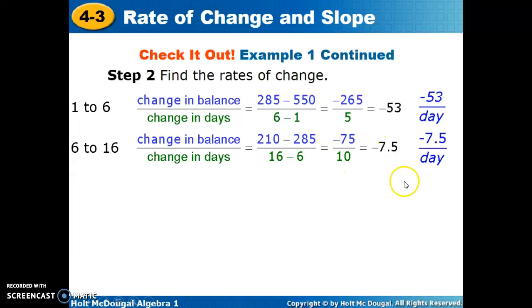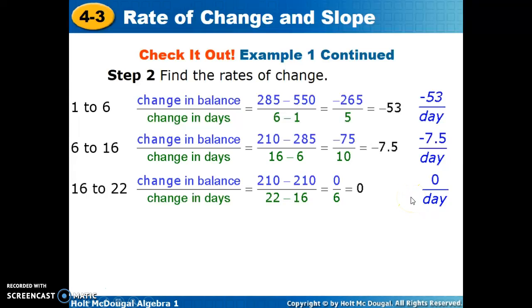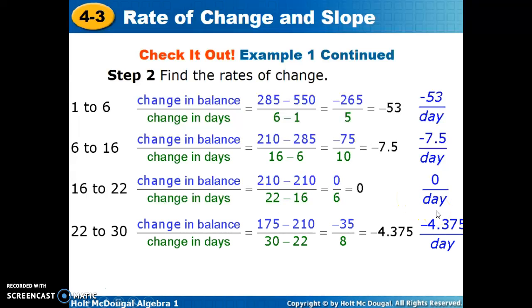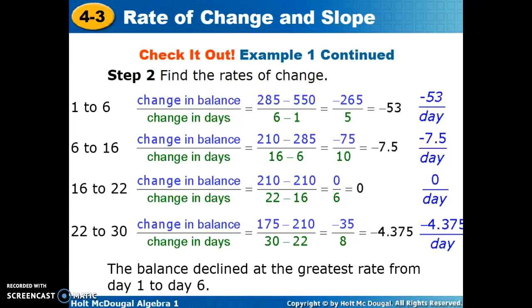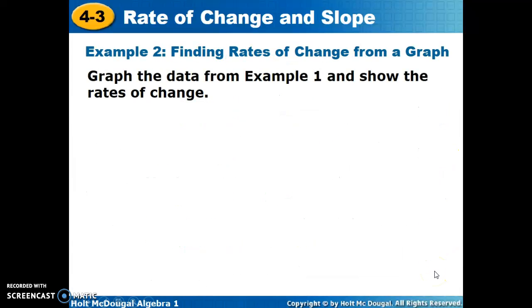That's negative $7.50 a day. Average spending. Another $0 per day. And finally, negative $4.38 if we round up per day. And we can see our greatest rate of change is from day 1 to 6, where we have an average spending of $53 per day.